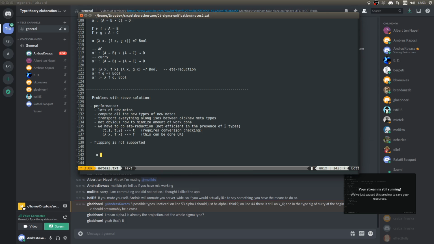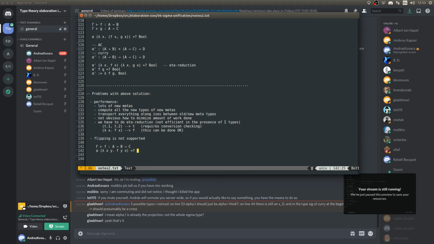I can have some alpha and then lambda x y dot f y x, and in gamma I can have an f which goes from A to B to C, and then I want to unify this with anything.